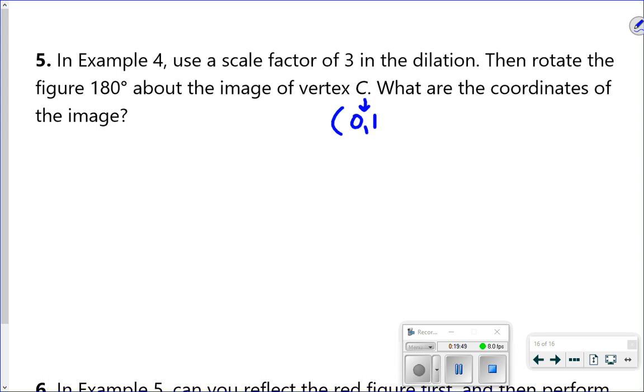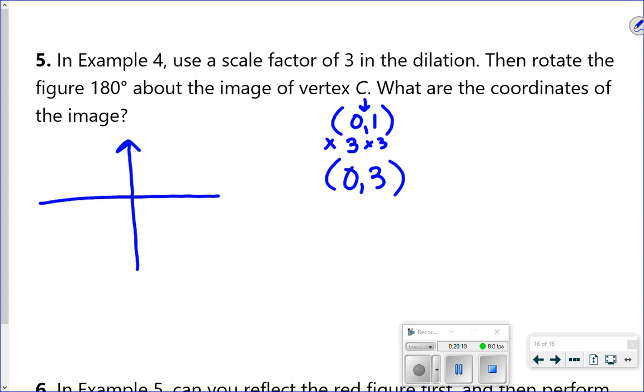Now they didn't tell me I needed to draw it. So I'm just going to operate with it instead of actually sketching out the whole thing, because it didn't say to draw it. It just said what are the coordinates. So if I do a scale factor of 3, that means I need to multiply these numbers by 3. So my new dilated one would be 0, 3. And then 180 degrees, if I had a picture, so I guess I'll go ahead and sketch it just as a visual for you here. So, and I was putting it onto my graph.